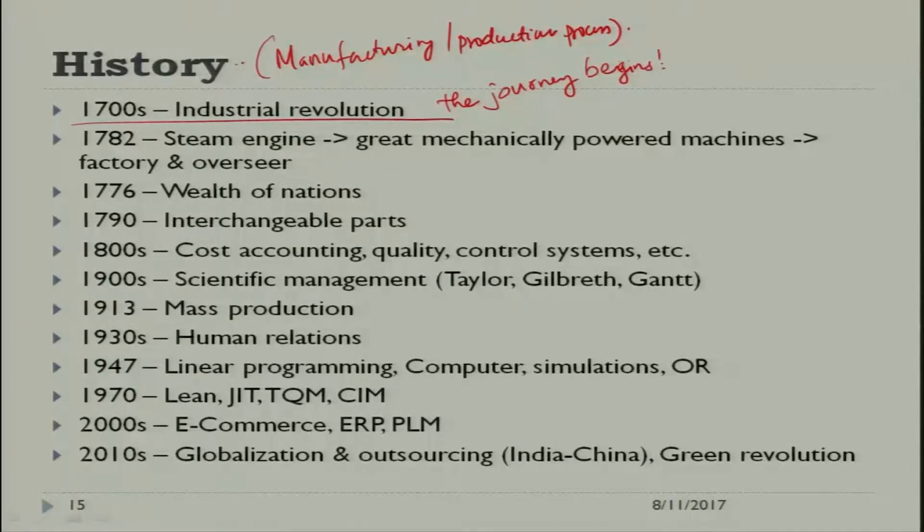The industrial revolution created factories, or isolated production facilities, which focused on producing large quantities of the required product in the right quantity, right quality, right specification, all those kind of things.